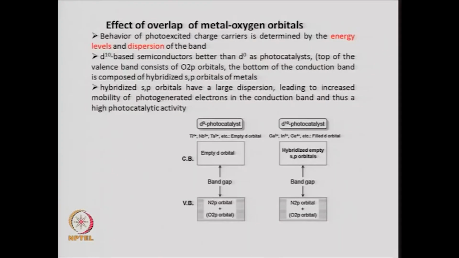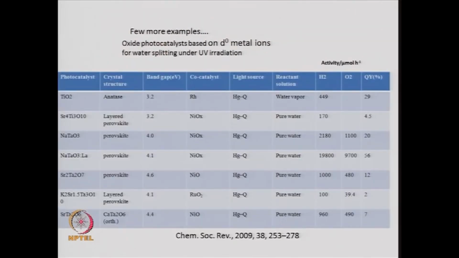There is another case of how you can increase the activity by better overlap of metal oxygen orbitals. You can increase the bandwidth by having good hybridization or overlap of metal oxygen orbitals, and that will also give you increased mobility of the photogenerated electrons in the conduction band and lead to high photocatalytic activity.